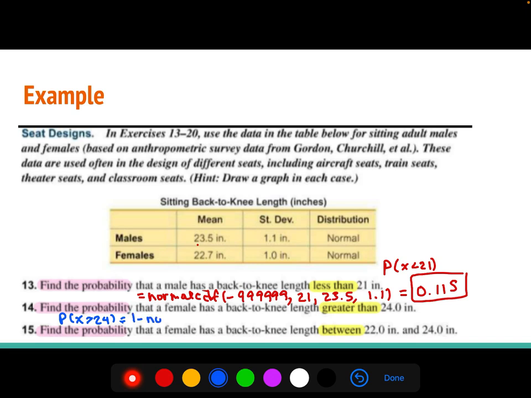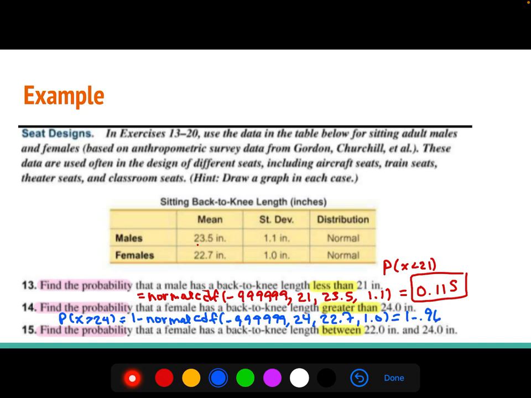Well, it's greater, so 1 minus the normal CDF of negative 99999 to 24, with 22.7 in the table and 1.0 in the table for females.